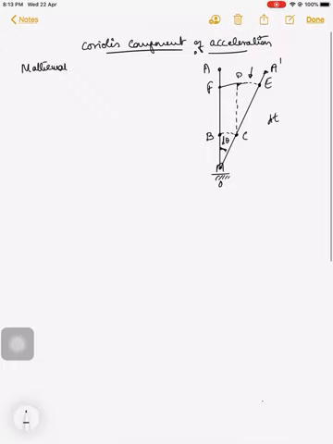Mathematically, if I want to find the length of arc D, that will be equal to arc FE minus arc FD. But as we can see here, arc FD is equal to arc BC.